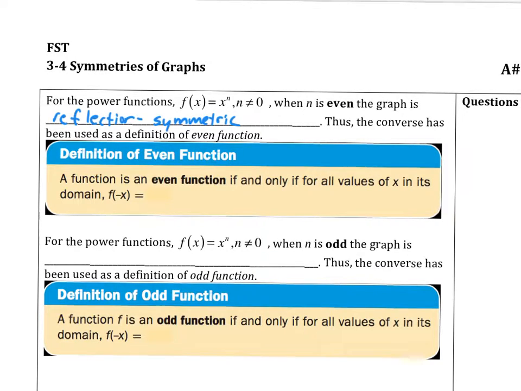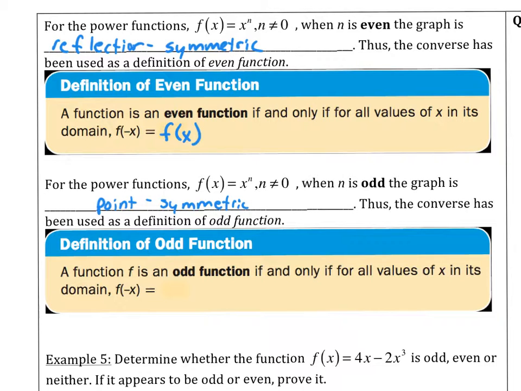So, a function is an even function if and only if, for all values of x in its domain, f of negative x will yield you f of x. In other words, symmetric in relation to the y-axis. So this follows.